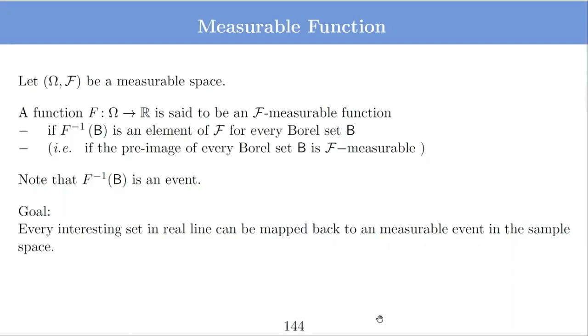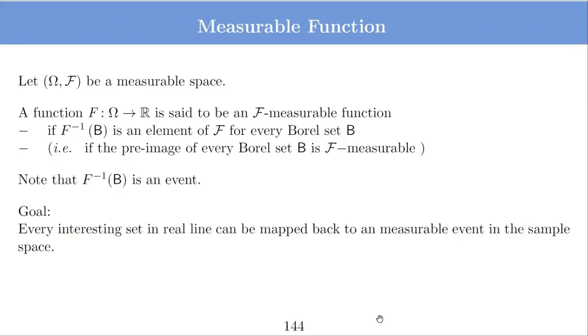Okay, so let us understand this. Why are we saying Borel set B? Because our codomain is the real line. So what is the sigma algebra on that? That's the Borel algebra. Recall that any element of the Borel algebra is measurable, and we call it a Borel set.